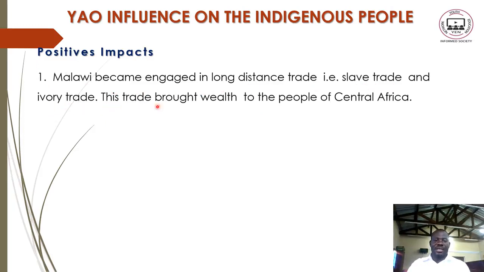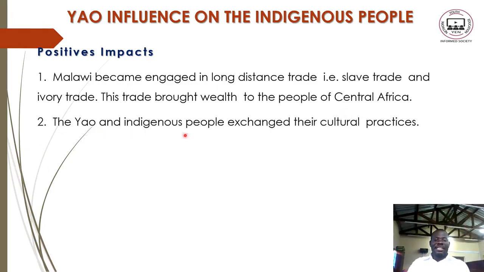This trade brought wealth to the people of Central Africa. Malawi became engaged because the Yao were involved in slave trade. They were the tradesmen with the Arabs, and with that, they connected Malawi to the long-distance trade.